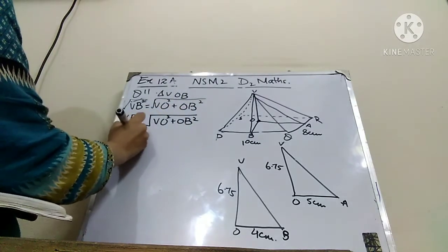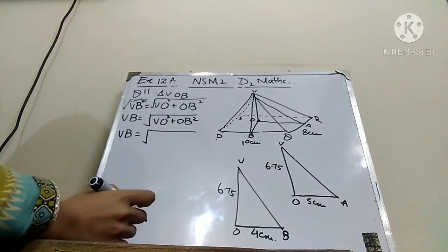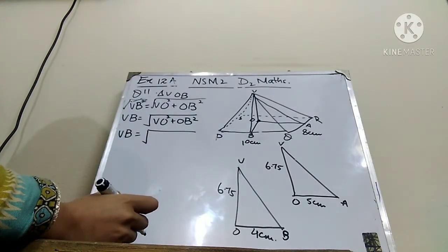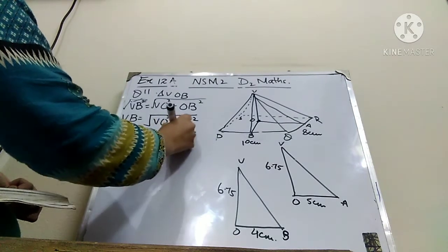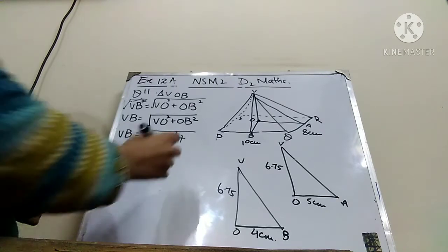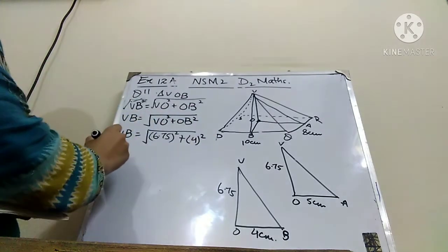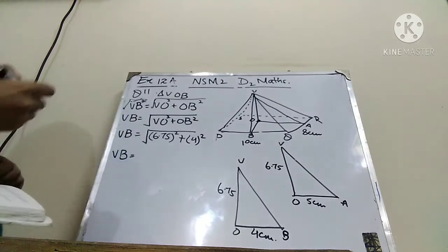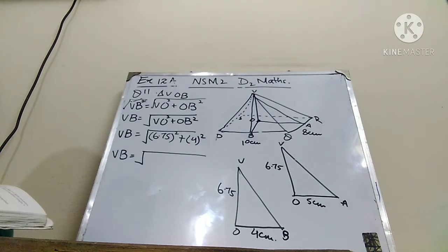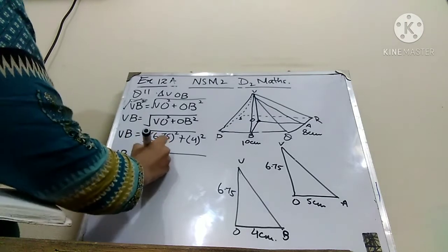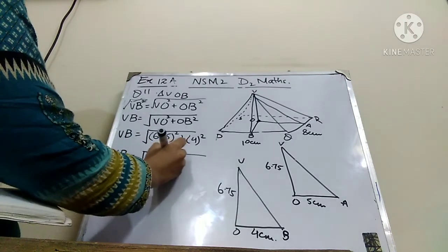Okay, so for VB, now I am going to put in the values. VO is 6.75, so I am going to take the square of 6.75. And OB is 4, so I am going to take the square of 4. So VB is equal to the square root of 6.75 square plus 4 square. When I take the square of 6.75, I will get 45.5625.